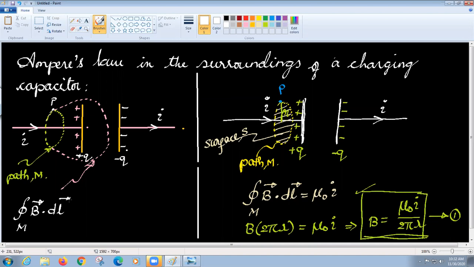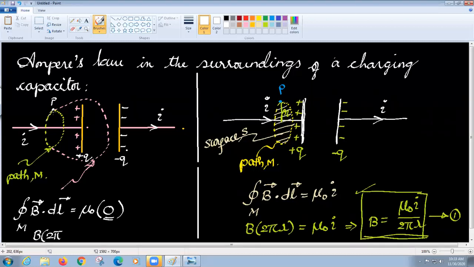So B dot dl is equal to mu naught times the current. Now what do I take here? I'm taking along path M, but my intention is that whether or not current is intercepted by the surface, yes, the pink surface, yes. So no current is intercepted by the surface, so I take it as zero. On the left hand side, you have the same stuff.